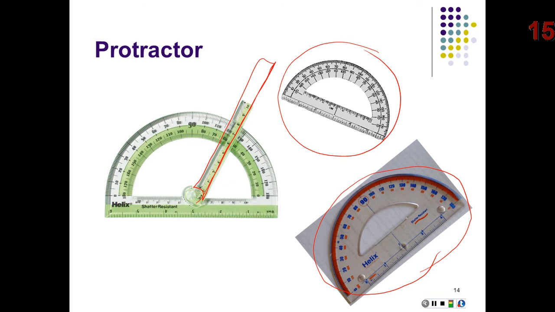Whichever style you prefer, whichever you have access to, they'll all work to get the job done. Before you move on to the next lecture, you might want to have your protractor ready. I'm going to step through how you use it, and since yours might have a slightly different direction of the scale, it would be helpful for you to have yours handy as I'm describing how to use one.